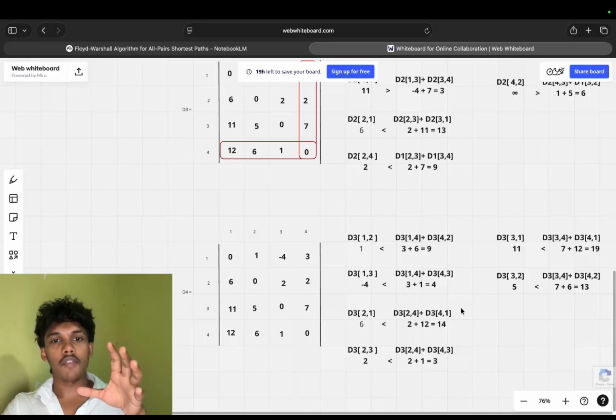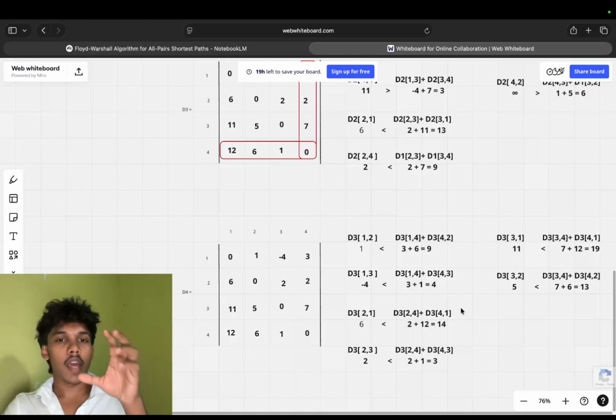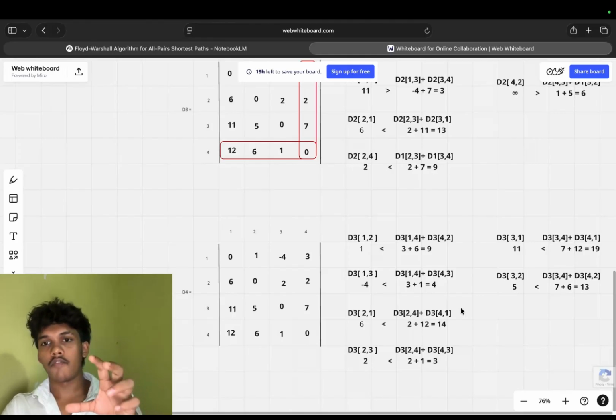So now we have filled out our fourth and final distance matrix, which will give us the shortest distance between every pair in our graph. So we have 4 distance matrices, D1, D2, D3 and D4, except for our initial distance matrix.